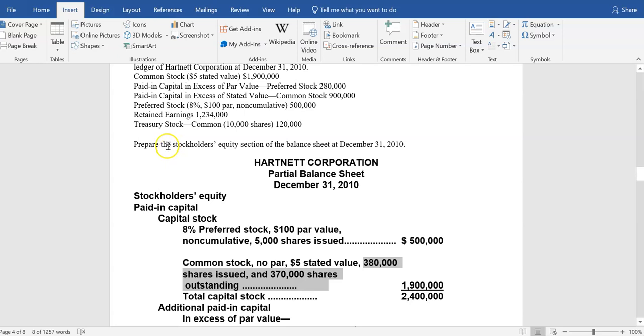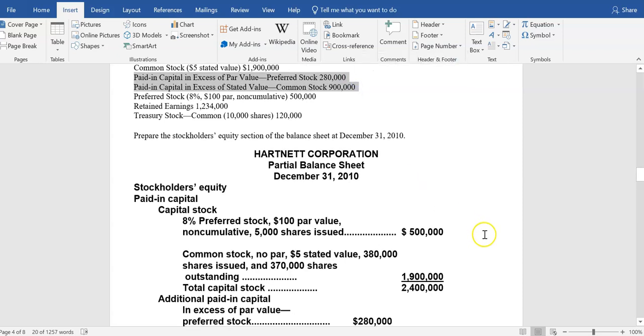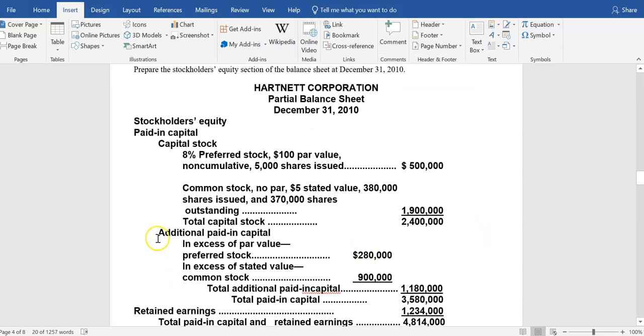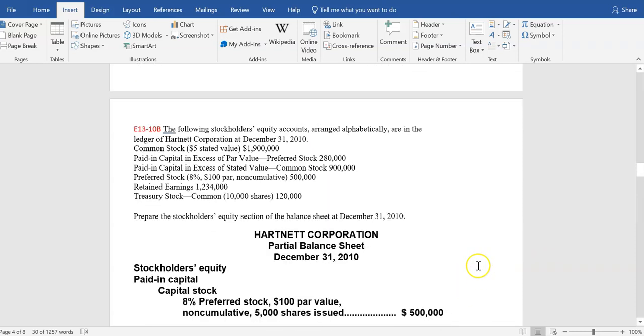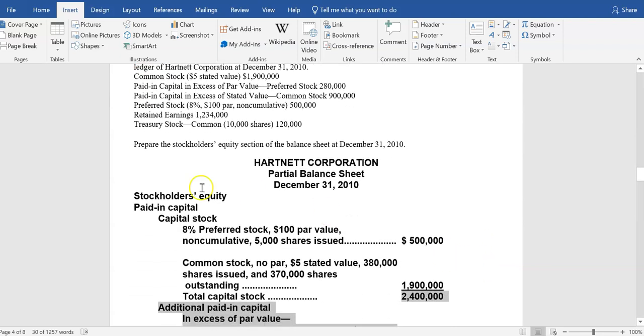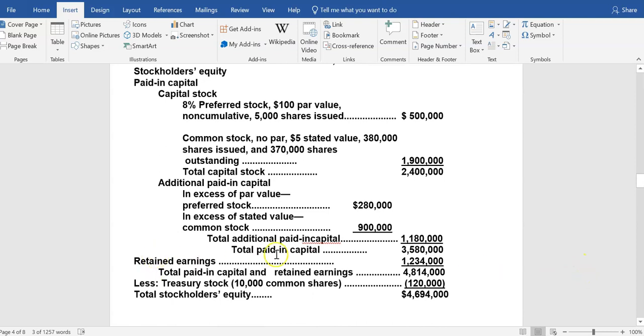All right, now that we have our stock par values, then we list the paid-in capital in excess of both. Additional paid-in capital, 280 and 900. The total par plus the additional paid-in capital gives us total paid-in capital of 3.58 million. We are then going to add in the retained earnings as the other part of stockholders' equity.